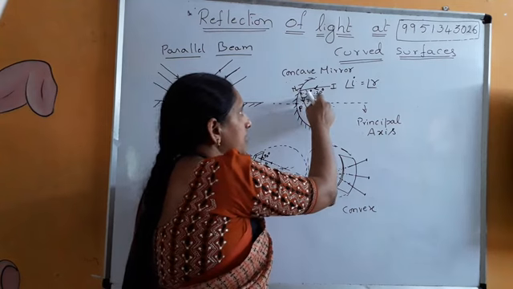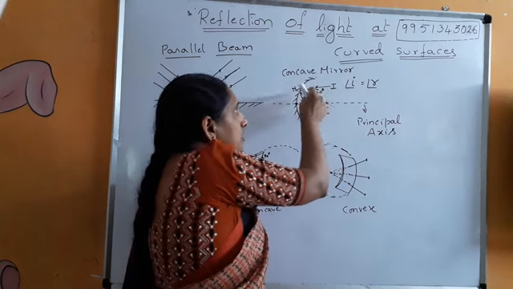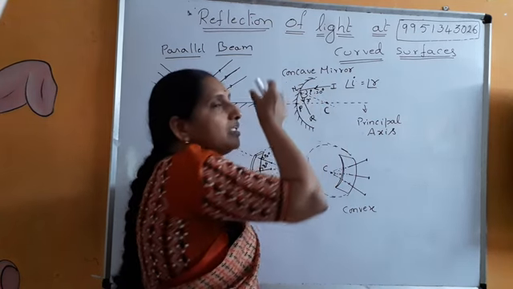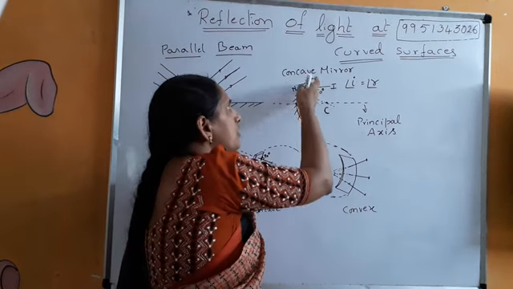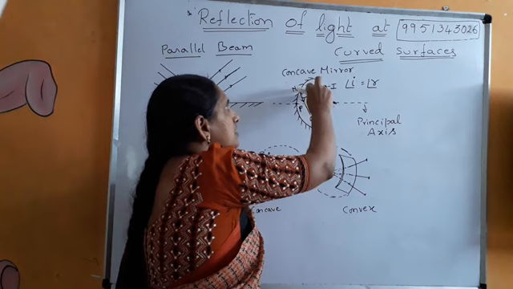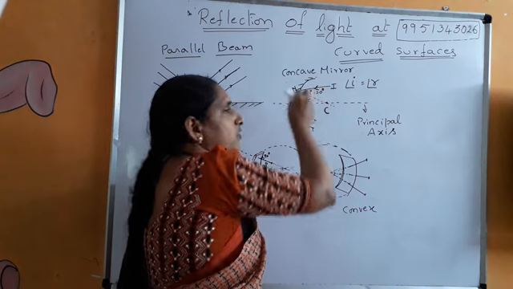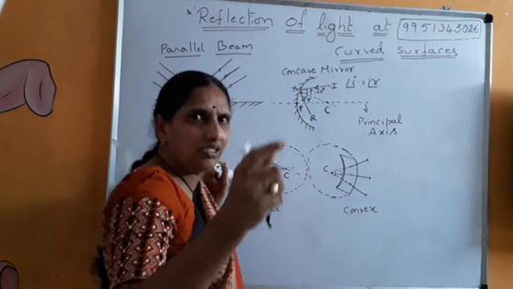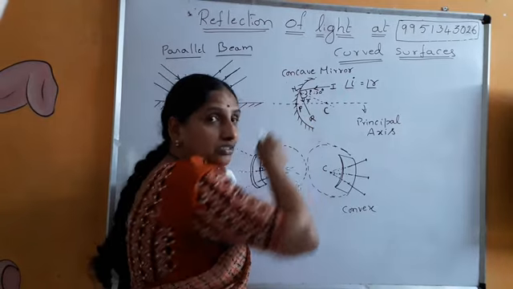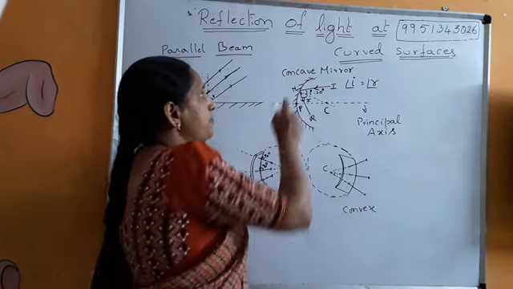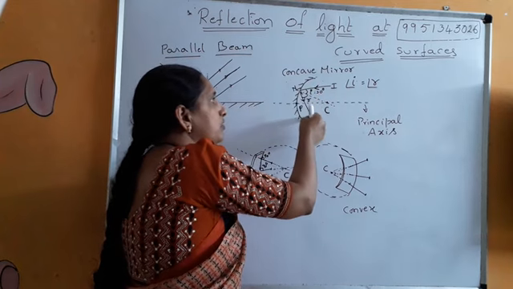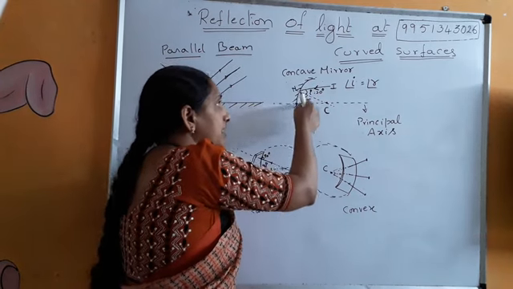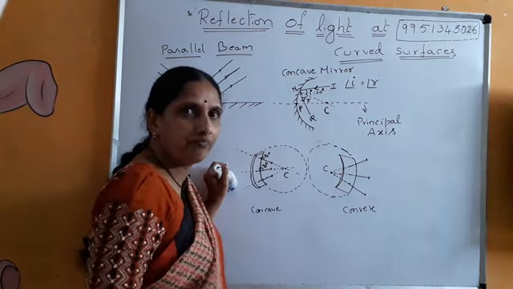So if I imagine it to be 30 degrees, here also it should have the same 30 degrees. You need to use your common sense only to see whether these two angles are equal or not. All the time you can't take a protractor and sit and measure these things, right? Now this is 30 degrees and approximately 30 degrees I drew a line. This is my reflected ray.